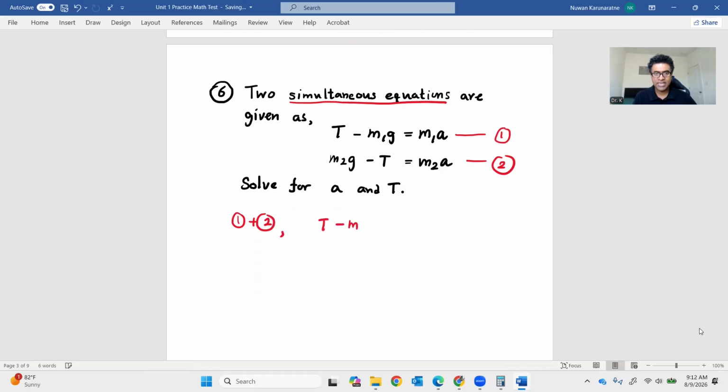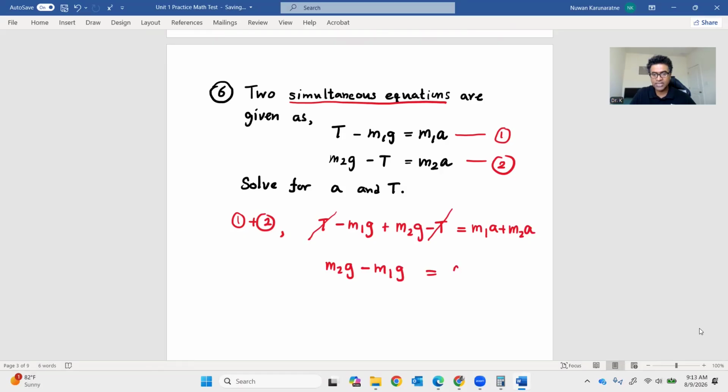t minus m1g plus m2g minus t is equal to m1a plus m2a. Okay, and then t and minus t will cancel out. And then look what happens. I'll have m2g minus m1g is equal to, can you see there's a common term, a.